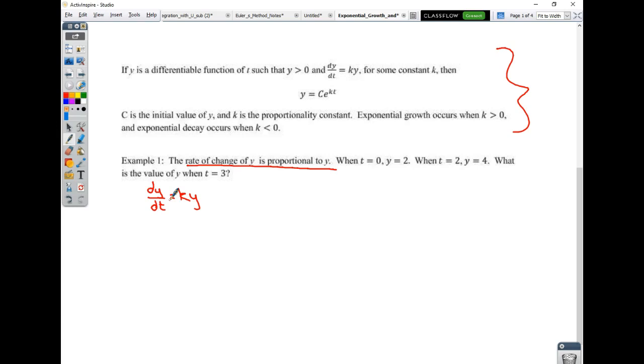So what it's saying is that let's say for some reason I have a set of t and a set of y values. And if I compare this y value to this y value, this y2 divided by y1 will equal some k.